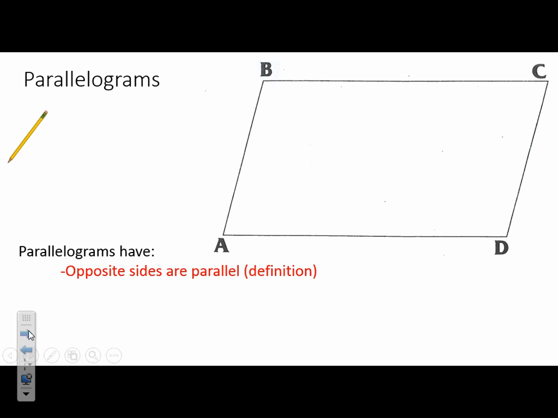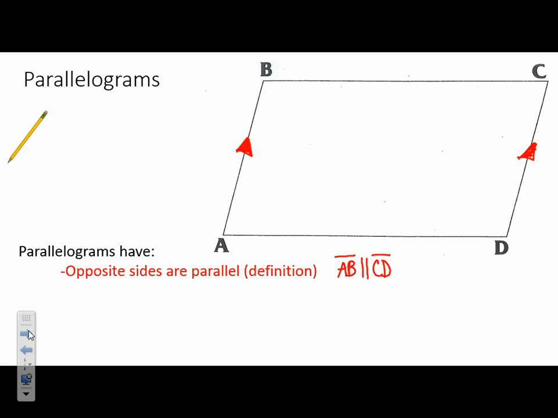So on your parallelogram picture up here, how is it that we mark when things are parallel? We use those little filled-in triangles, okay? So if I were going to mark AB parallel to the opposite side, the side opposite it would be across from it, and that would be side CD. So I would be saying that AB is parallel to CD.